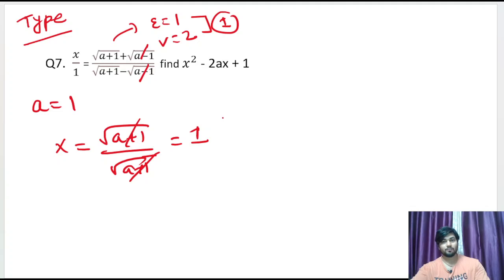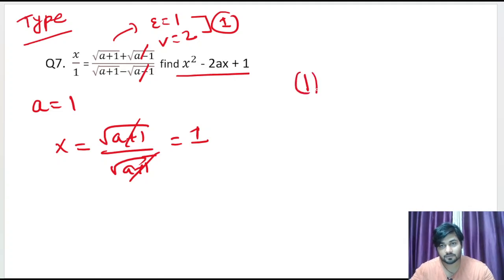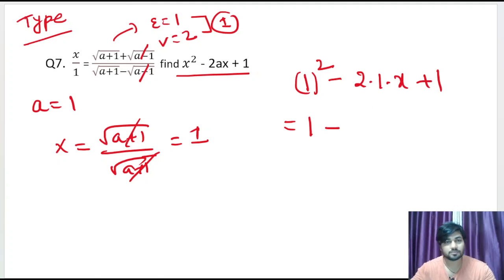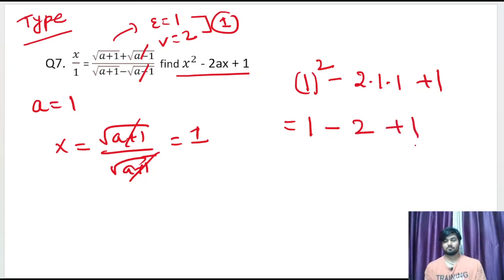If I get the value of x as 1, let us put the values here. x square is 1 square, minus 2 times a, which is 1, times x, which is 1, plus 1. Sorry, it's not x, it's 1. 1 minus 2 plus 1.